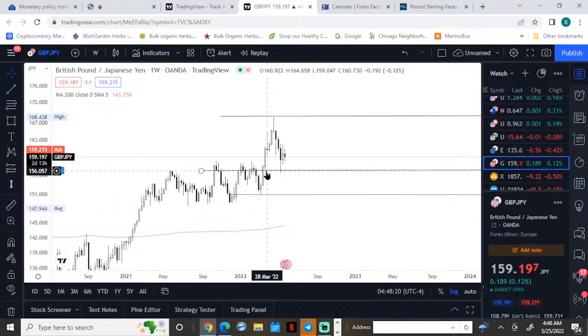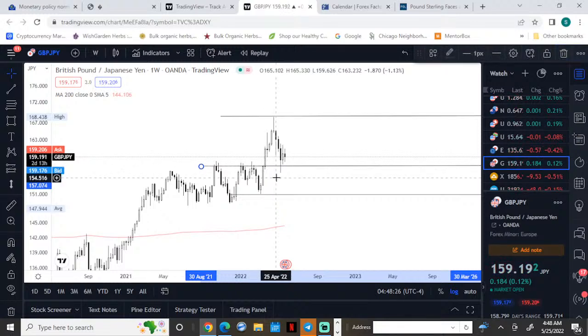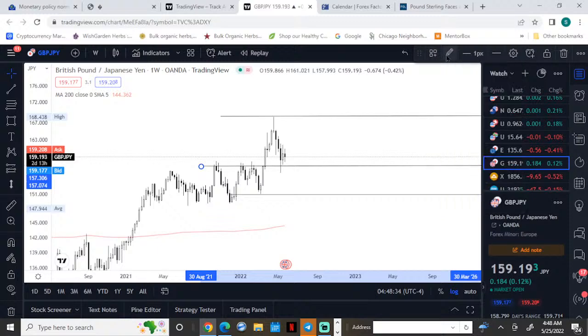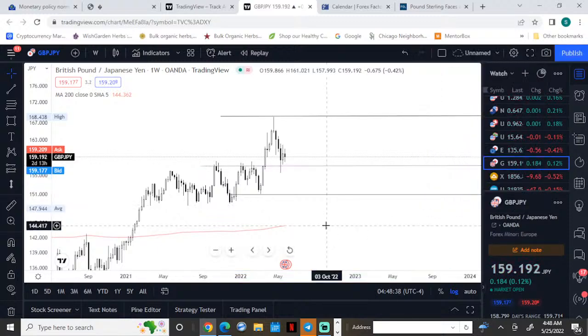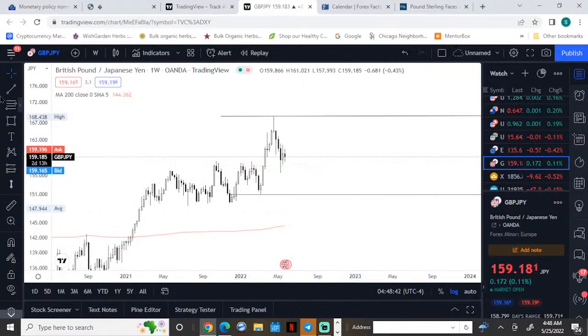I'm going to bring this up. I'm going to change the color to a weekly, and I'm going to bring this up to the top of these bodies just to get a more accurate support resistance level. I'm going to change that to the weekly color, which is purple. I'm going to delete it because it looked crooked. Okay, here we go.